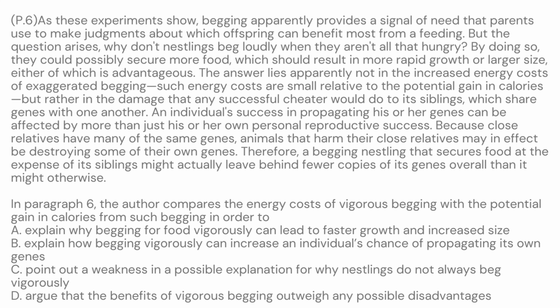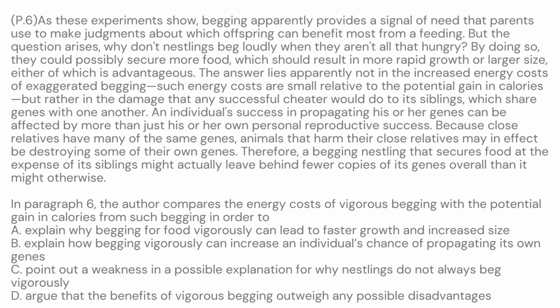Okay, now we look at the paragraph. We want to locate the window. So where does the author mention the costs of vigorous begging with the potential gain in calories? It's right about in the middle. The answer lies apparently not in the increased energy costs of exaggerated begging, but rather in the damage that any successful cheater would do to its siblings, which share genes with one another.